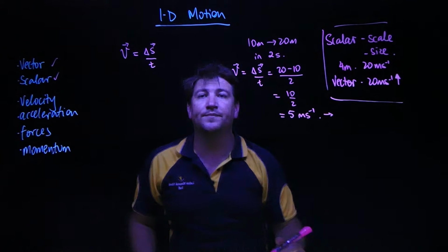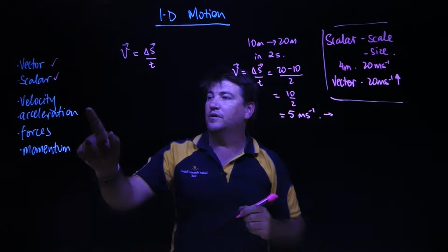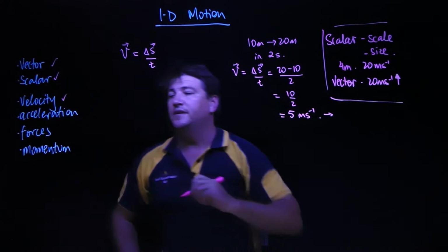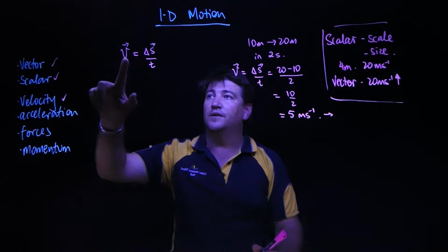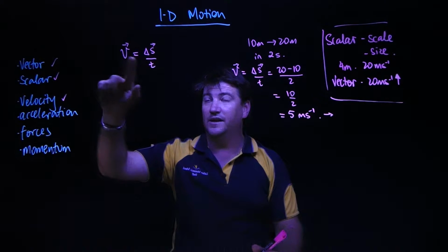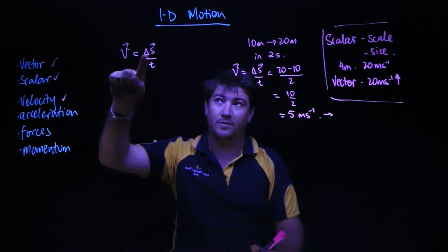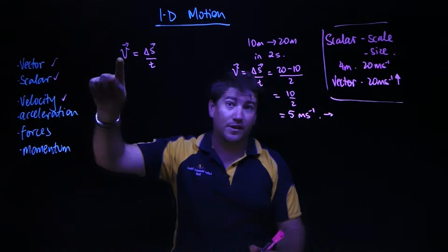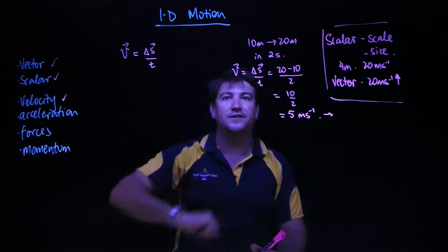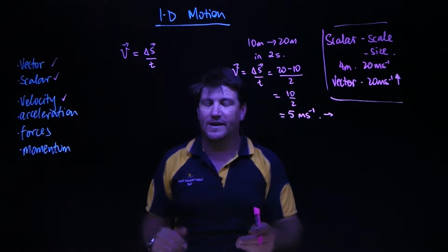That's our velocity. Alright, if we want to talk about acceleration, acceleration is the change in velocity over time. So speed or velocity is the change in distance or displacement over time. Acceleration is the change in velocity over time. They're all related.